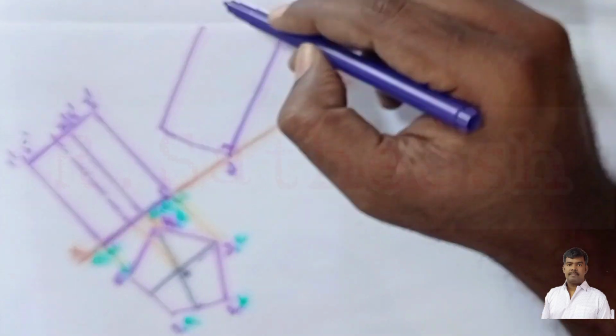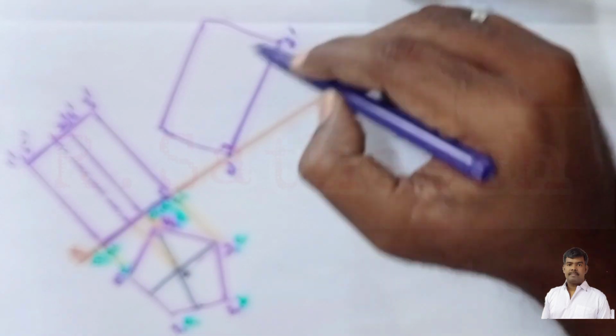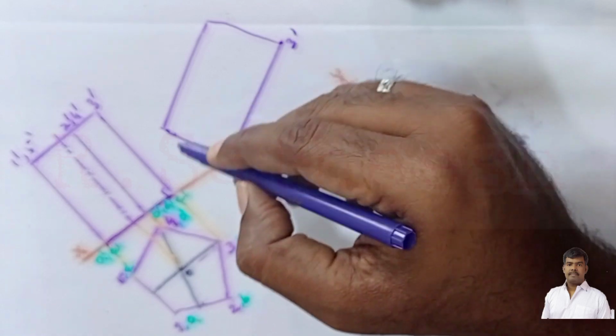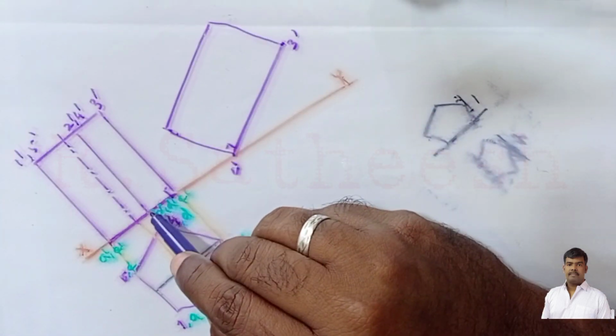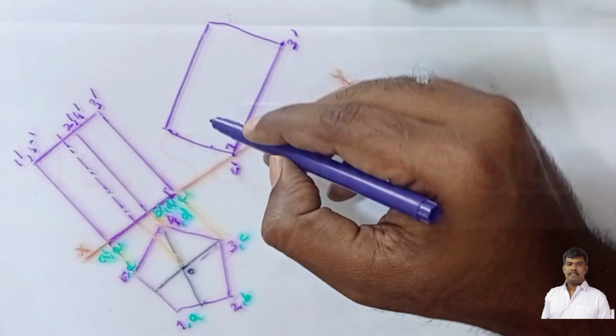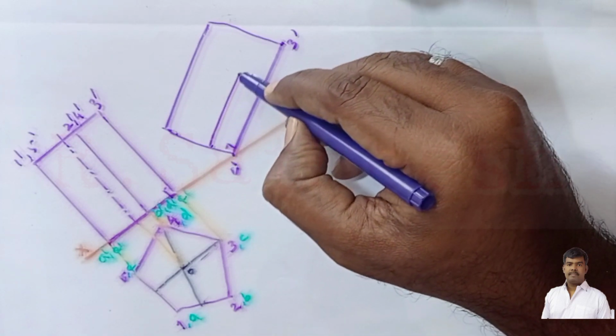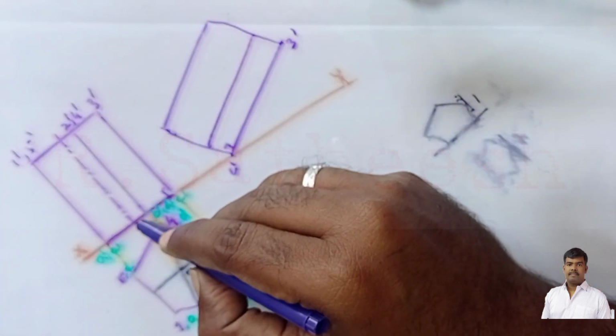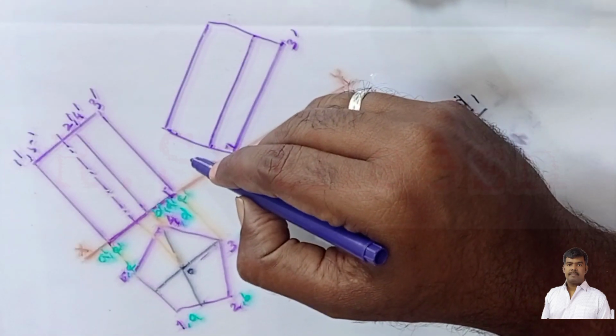Same dimensions, we draw the same diagram. Here to here, whatever distance, measure the same distance here and draw a dark line. Here to here is the axis distance.